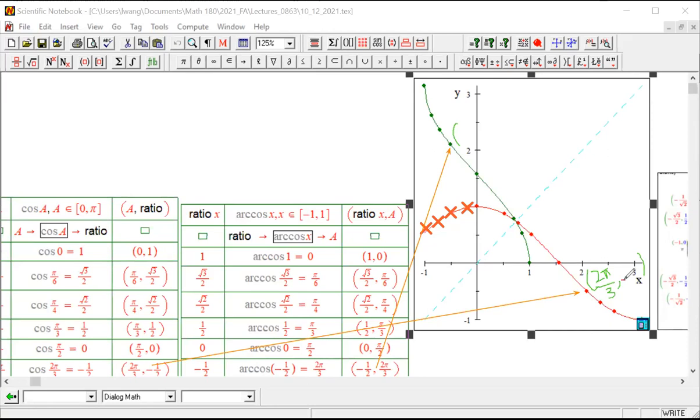Okay, negative half. And this point is negative half, comma, orange, 2 pi over 3. Is that clear, everybody?